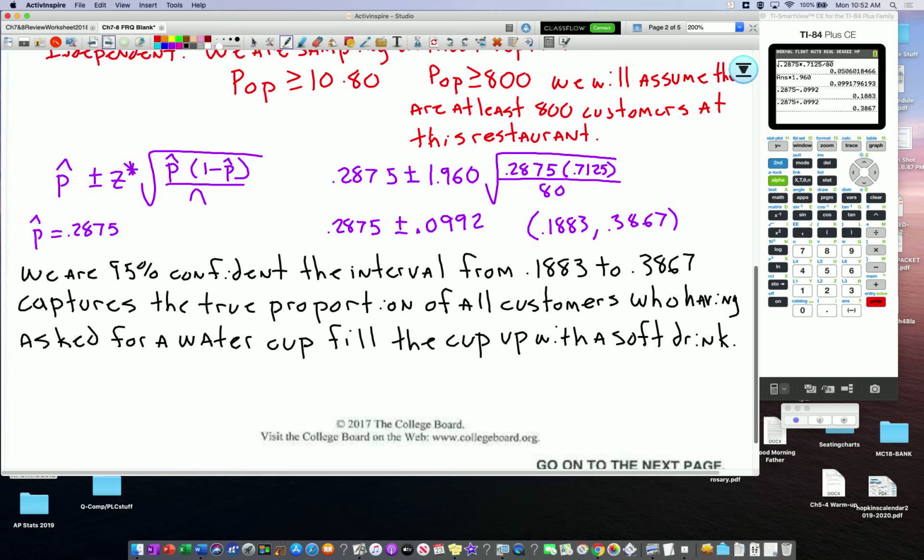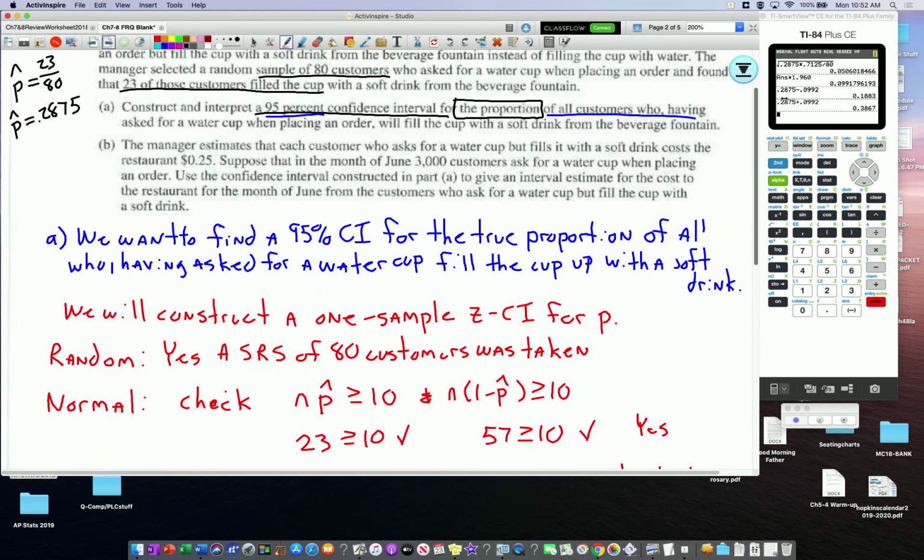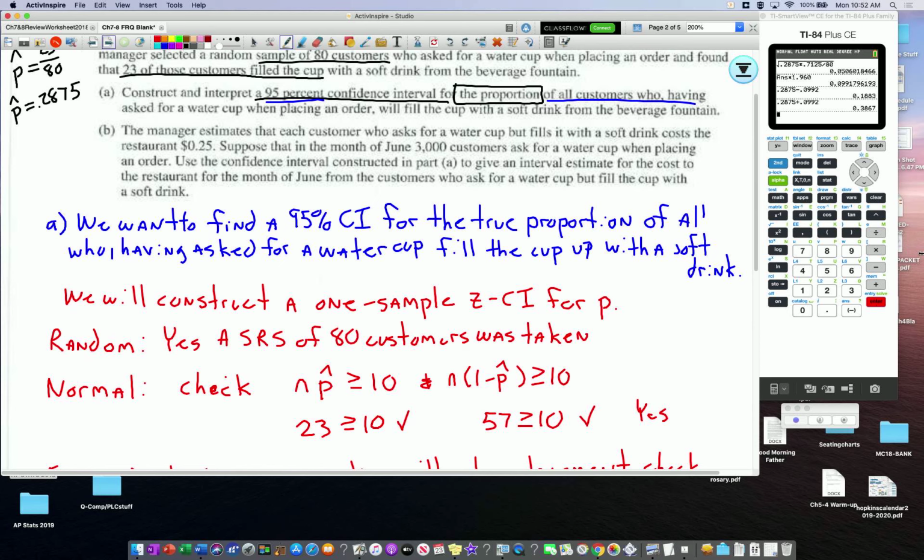Let's finish up part B. B says the manager estimates that each customer who asks for a water cup but fills it up with the soft drink costs the restaurant 25 cents. Suppose that in the month of June, 3,000 customers asked for a water cup when placing an order.